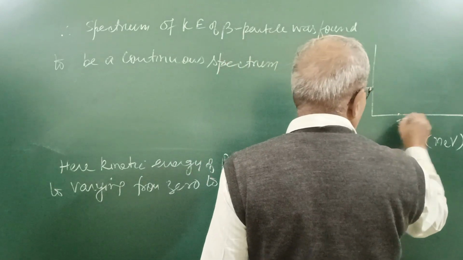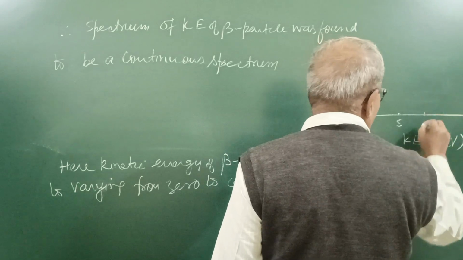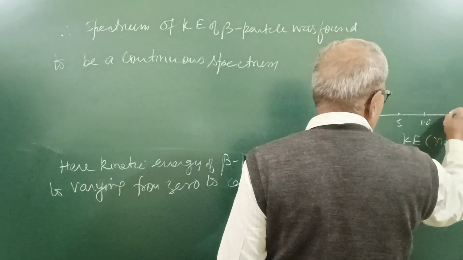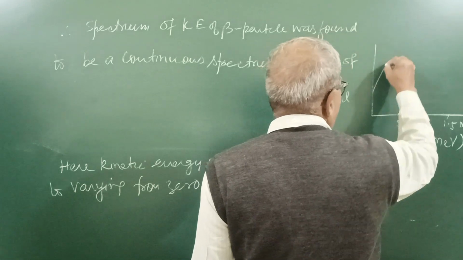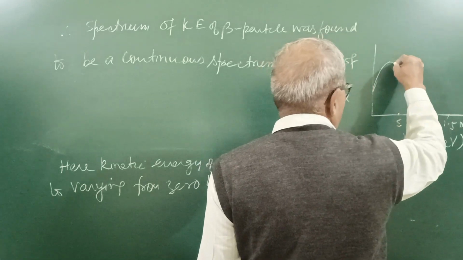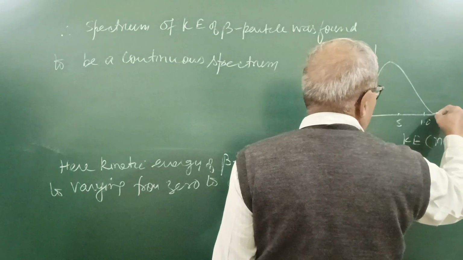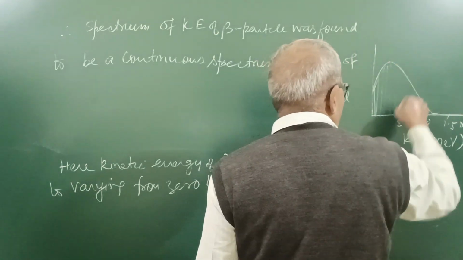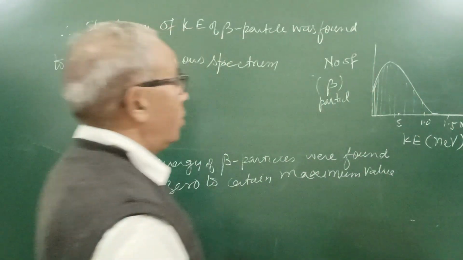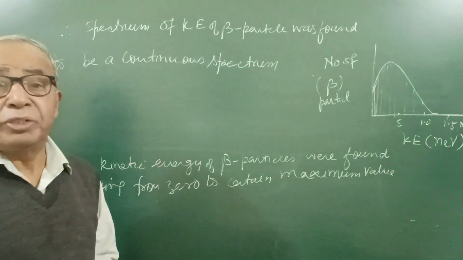So 0.5 MeV, 1 MeV, 1.5 MeV, like this. So that spectrum came like this. It means in this range, electrons of all possible values were found. Then why this?